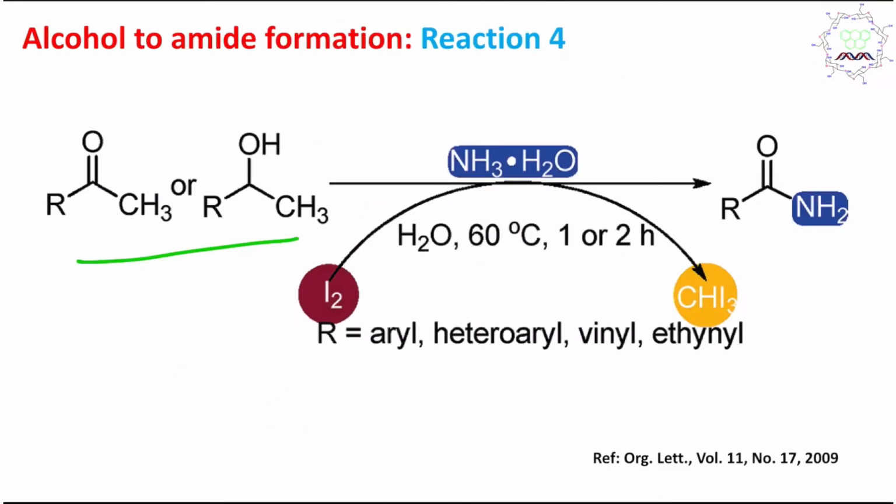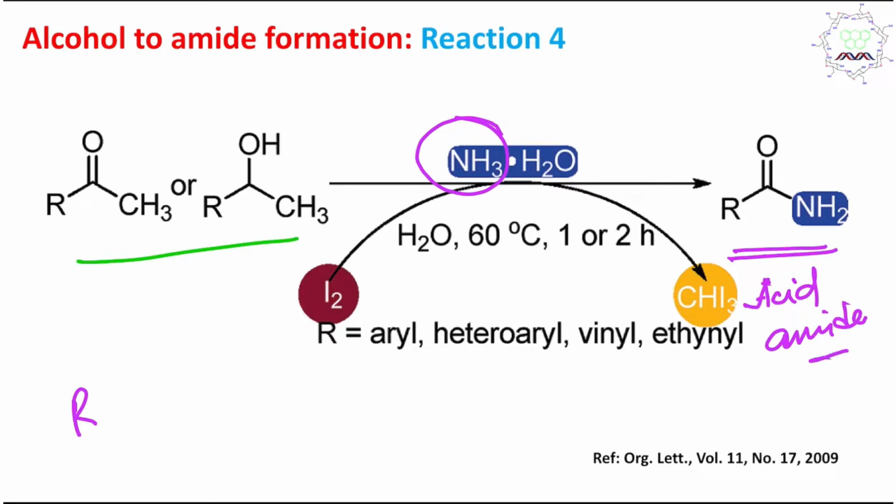The same thing is actually happening here. So ammonia is playing the role of that nucleophile. In the reaction medium, what is produced will react with ammonia and produce what you can consider an acid amide. So in this way acid amide could be produced.